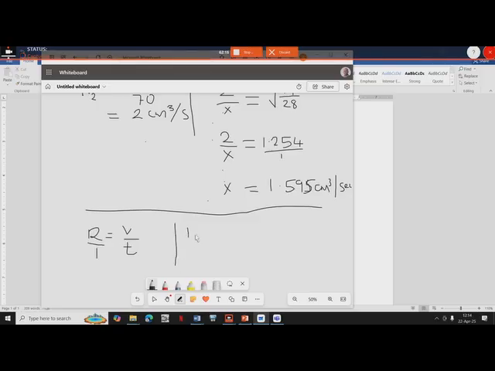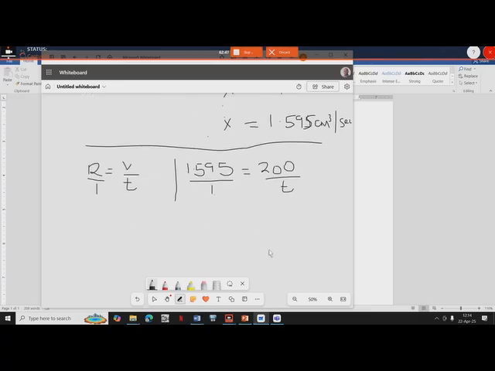So rate is equal to volume divided by time, t. So I can put 1 here. So R we have it, 1.5995, is equal to volume ya carbon dioxide tumepewa ni 200 divided by time.